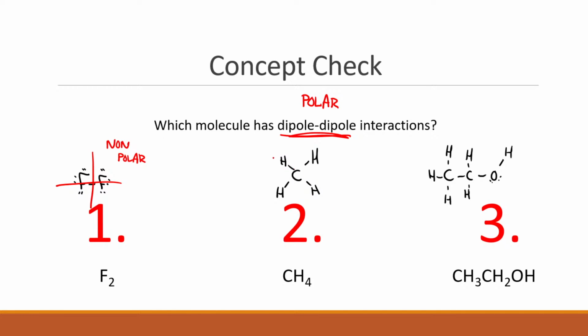CH4, we just looked at before, has 4 lines of symmetry, making it non-polar. Ethanol over here has 0 lines of symmetry. There's no place in here I can draw a line of symmetry, making it polar and also solidifying it as our answer. Right? A polar molecule has dipole-dipole interactions.